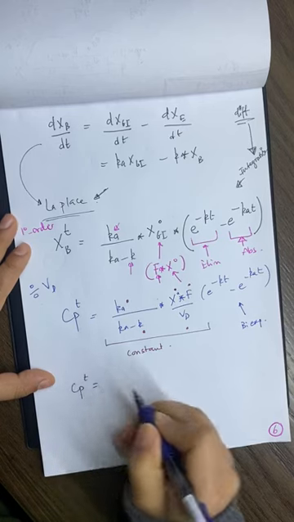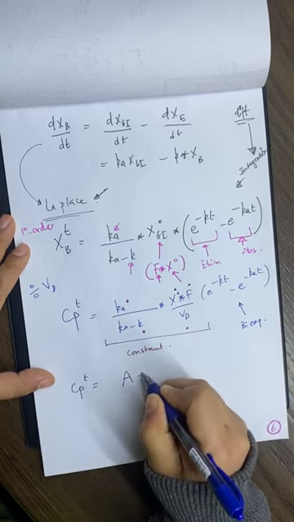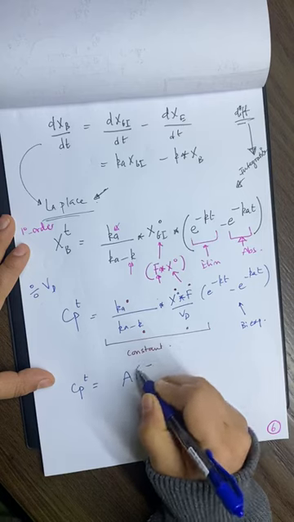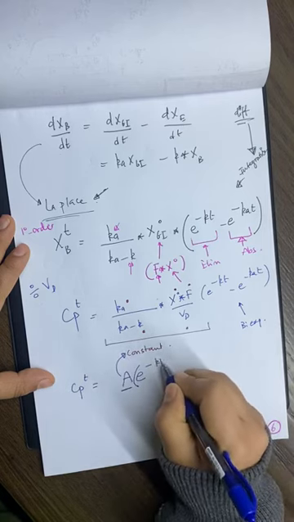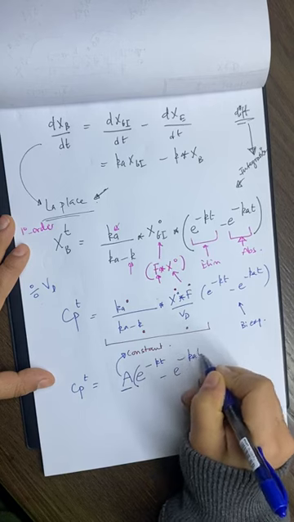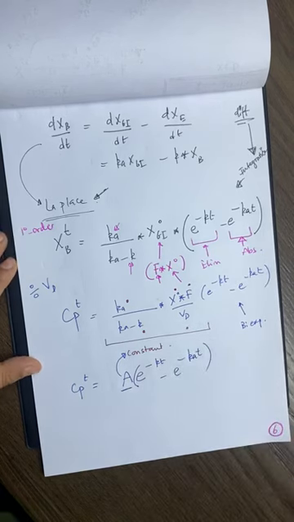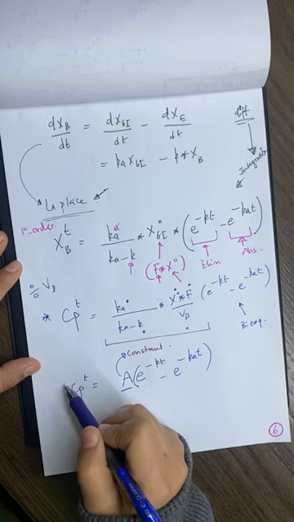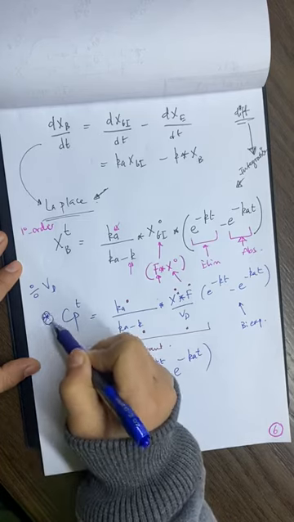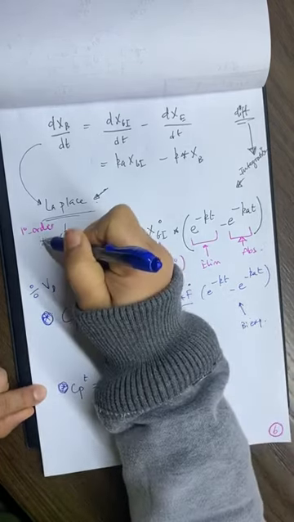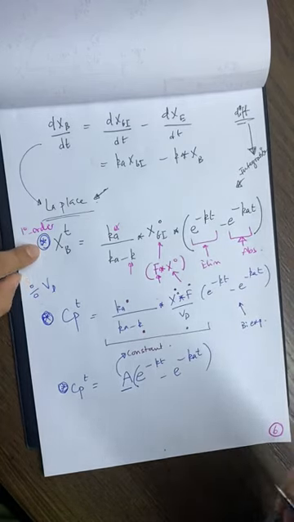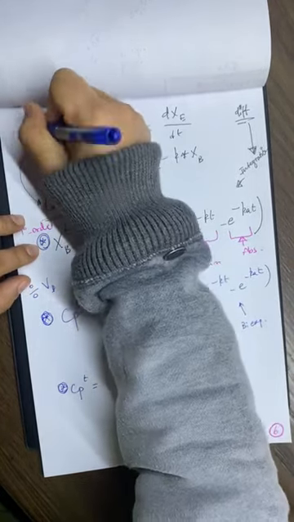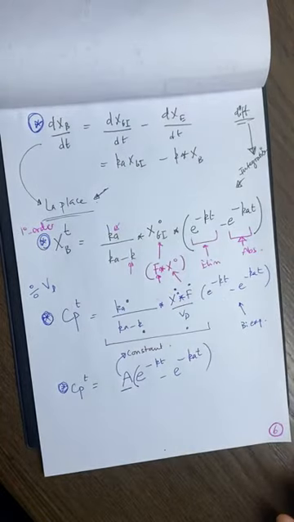Usually you can find this in some references as A, which relates to the whole constant, minus Ka star. So this is the model equation, and you can have it like this in terms of the amount, or like this if we are talking about the differential equation.